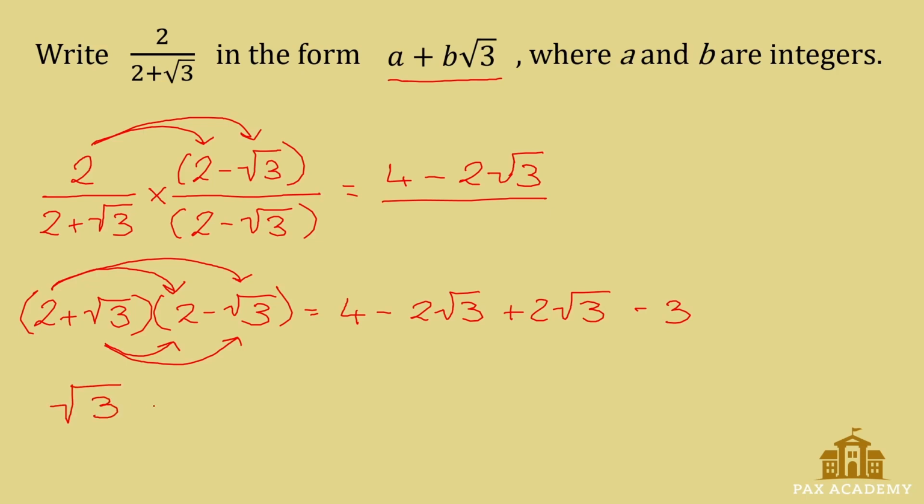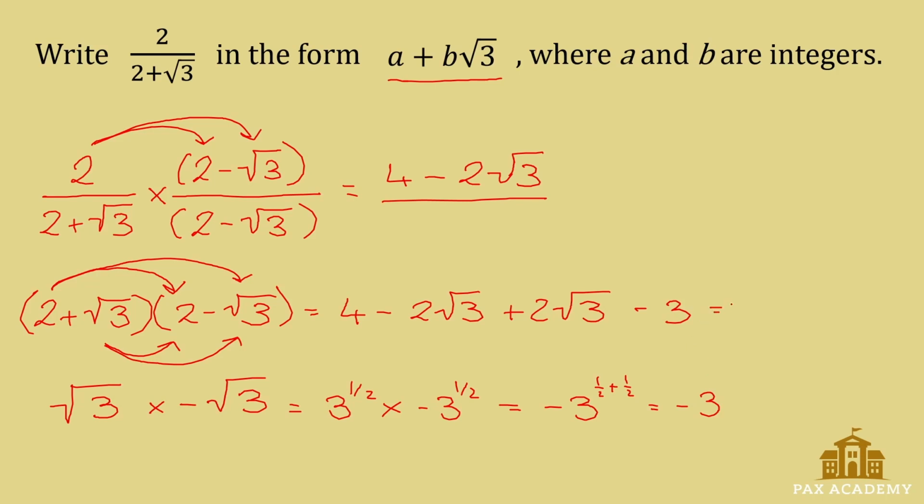We have square root of 3 times minus square root of 3. Now we said we can rewrite this as 3 to the power of a half times minus 3 to the power of a half. And then we get minus 3 and we can sum the powers. A half plus a half.